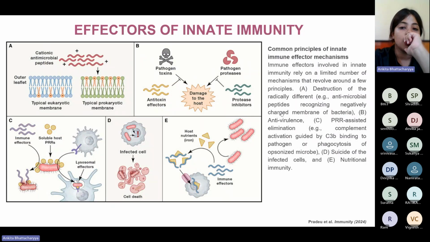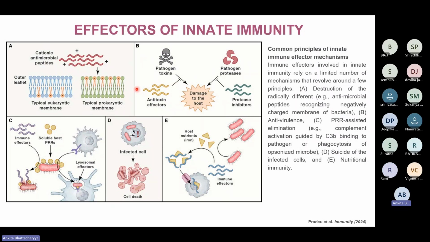So what you see here are the effectors of innate immunity. When we talk about the effectors, what we mean is that, after recognition has already occurred and host immune cells have been triggered, there needs to be a response to the information that has been gathered.